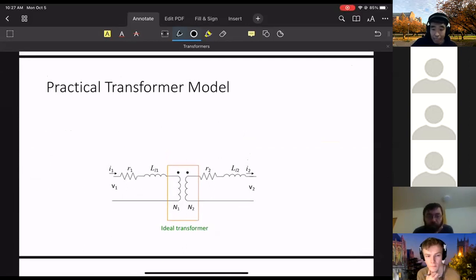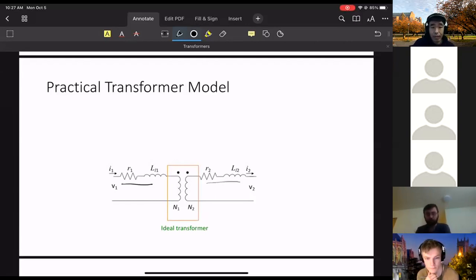And what I add to make this transformer more practical is I add a R1 and the L1, basically, to reflect the fact that my windings, my wires, the fact that I'm winding a wire on the transformer creates an inductor, basically. I have some resistance of the wire, and the way I make it creates an inductor. So that's why I have these two elements on the primary side, and similarly two elements on the secondary side.